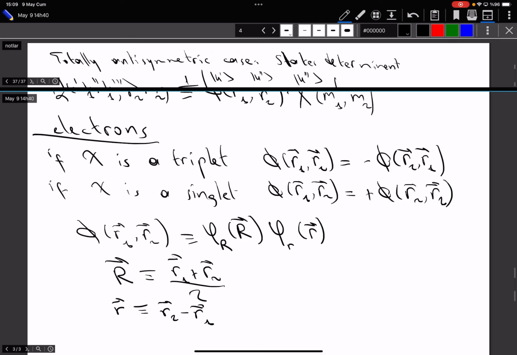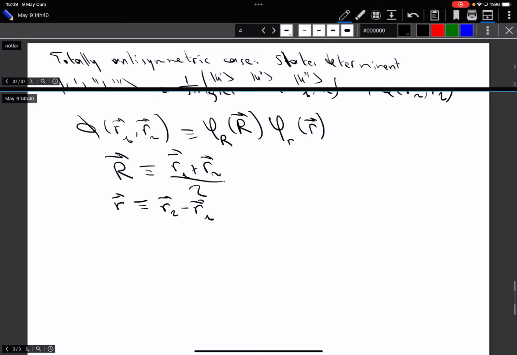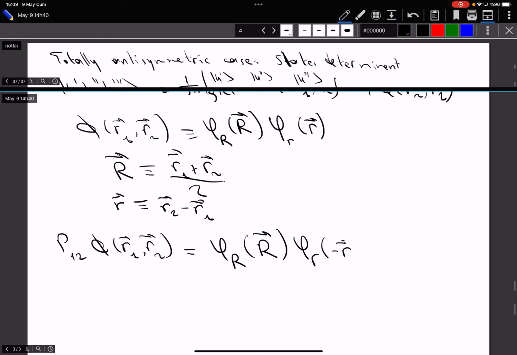If you have a two-body problem, you can always separate the center of mass motion from the relative motion. Now, this exchange of particles, which exchanges R1 and R2, doesn't change the center of mass position, but it just reverses the relative position. This is how P12 space acts on this space wave function.